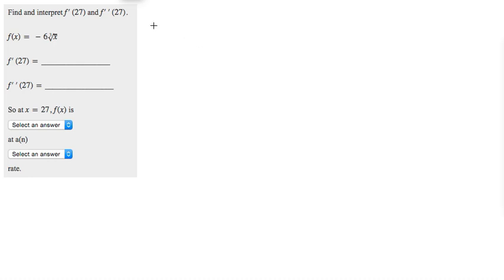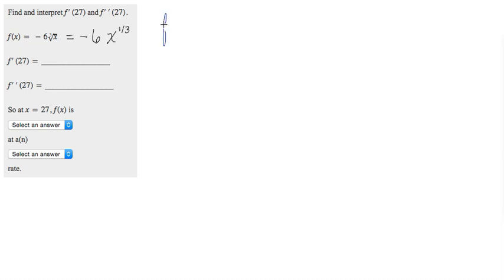We'll start with that. So if f of x equals -6 times the cubed root of x, we need to write that first with an exponent because we don't have a rule for cubed roots, but we can differentiate it if we write it as -6 times x to the power of 1/3.